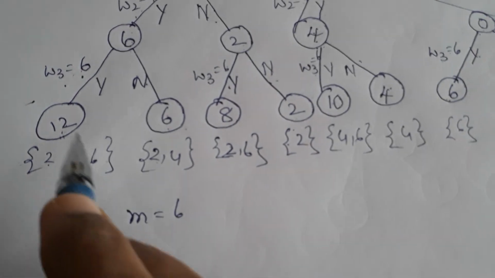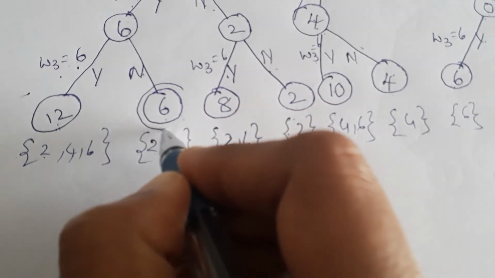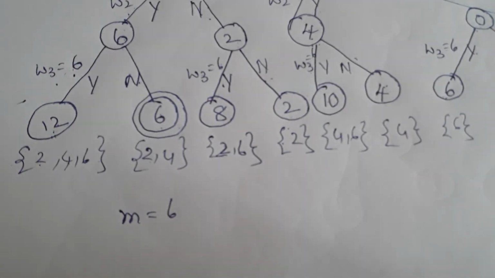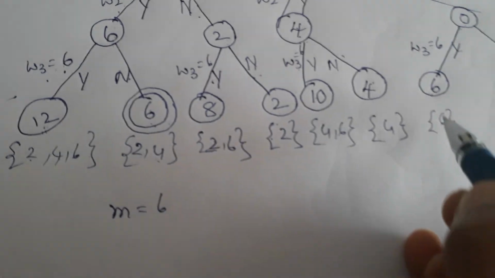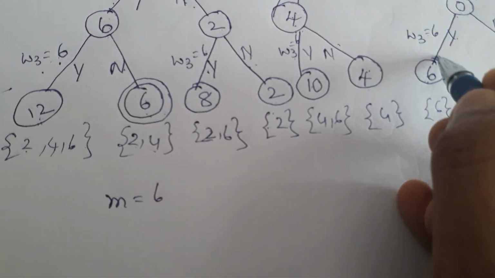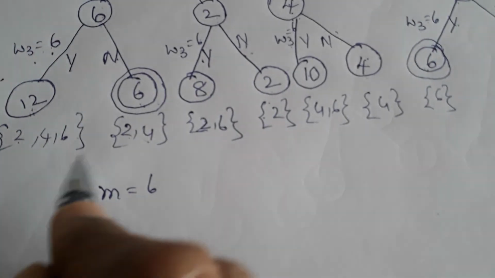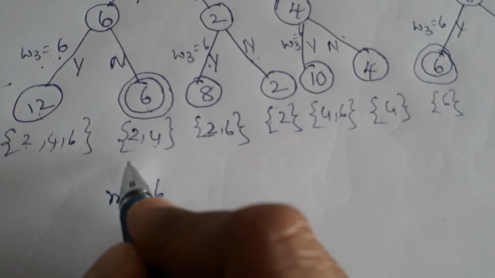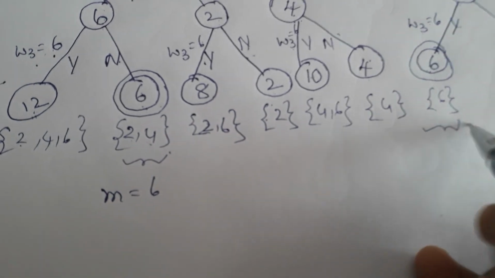So the states that satisfy the constraint are with sum 6 here and one more state with 6. So the subsets that can be used as answer states are 2, 4 and 6.